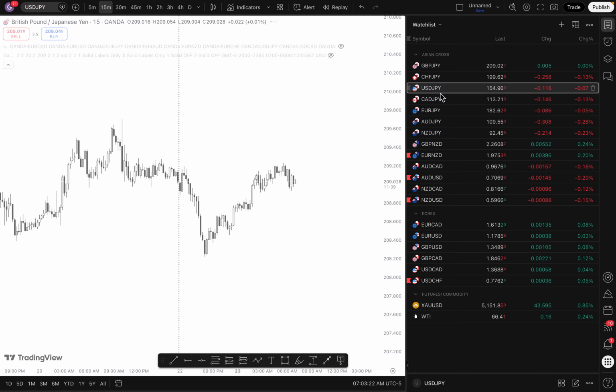Let's look at USD JPY. Seeing the behavior of Asia gives us an idea of what the market may intend to do next around that level. Okay, so there's screenshots of those trades taken earlier from yesterday.